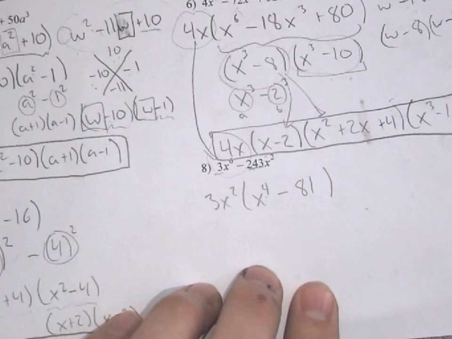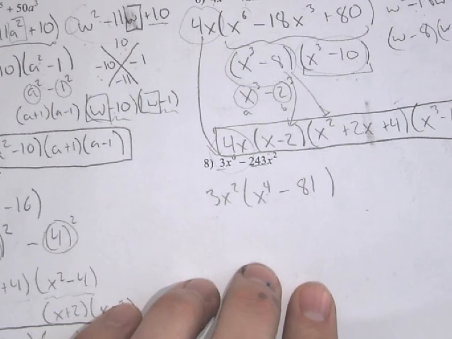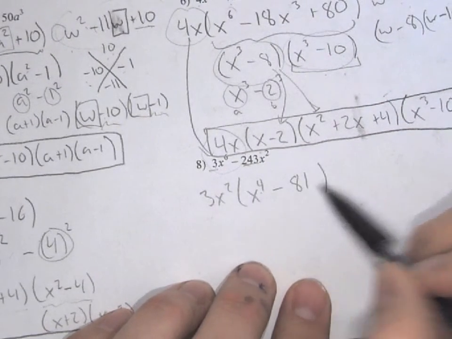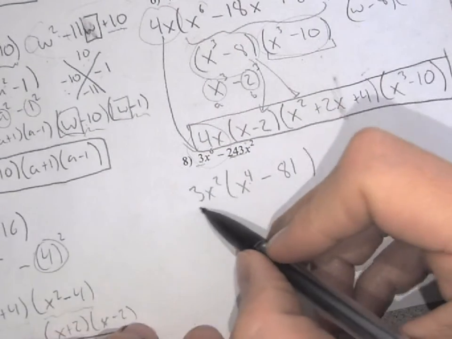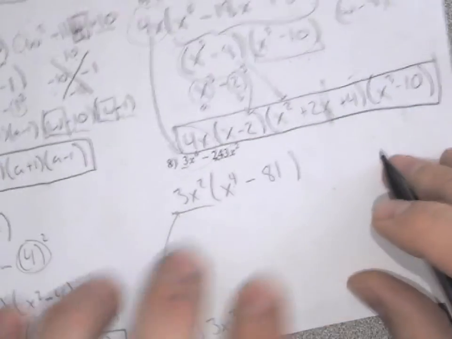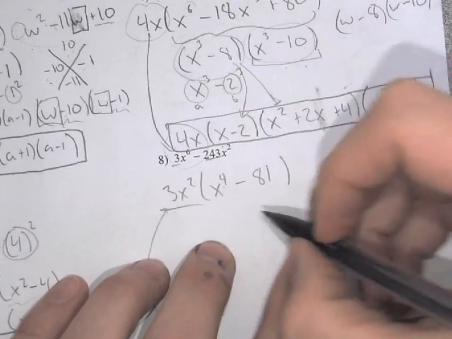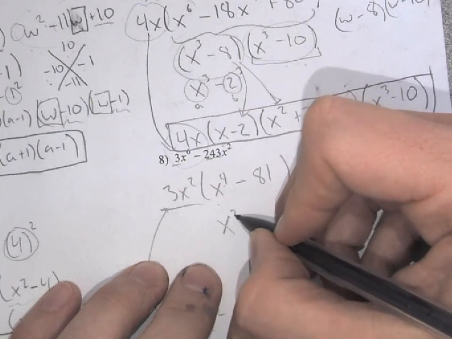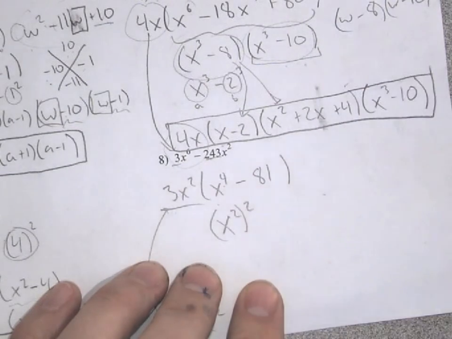That can be written as a power of 2. So even though I don't see any specific exponents of 2, I know that both of these actually are powers of 2. So let's get rid of my greatest common factor. Let's get that out of the way, and let's focus on this guy. So I can write x to the 4th as x squared squared.